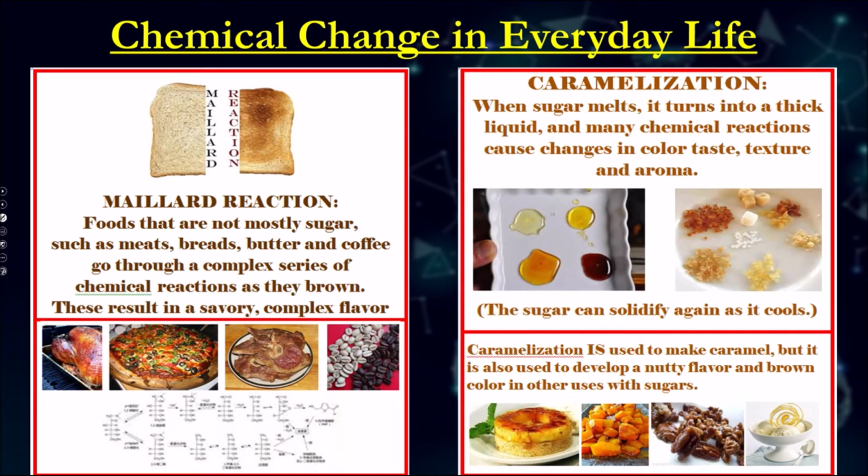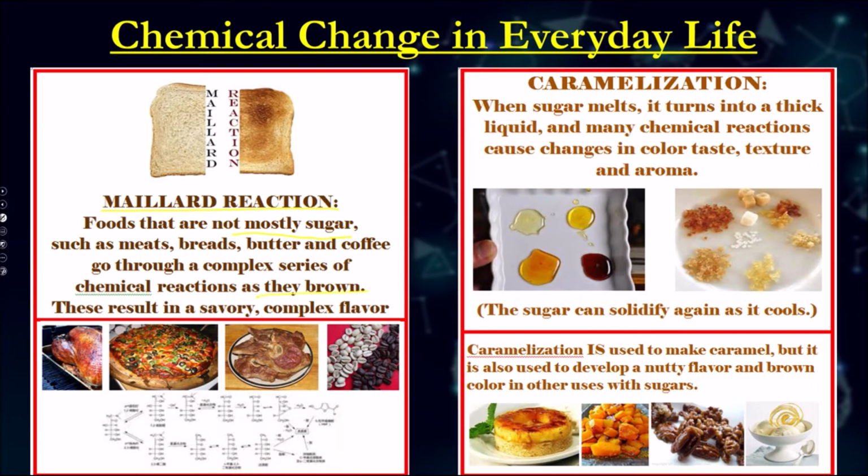Next, let's look at some chemical changes in everyday life. For the most part, you will come across a lot of different chemical changes. You have the Maillard reaction. What actually happens is foods that are not sugar, or not made of mostly sugar, turn brown during a reaction.